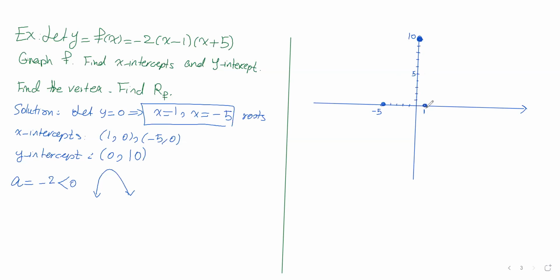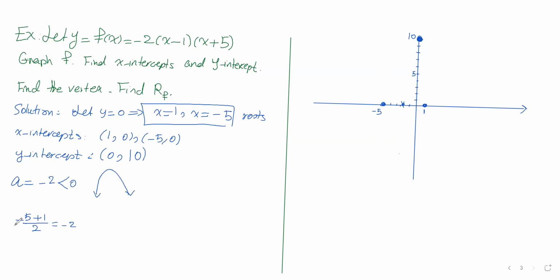Now it's time to look at the midpoint of -5 and 1. -5 plus 1 divided by 2 gives you the midpoint, which is -4 divided by 2, which is -2. So the midpoint is -2, which is here.